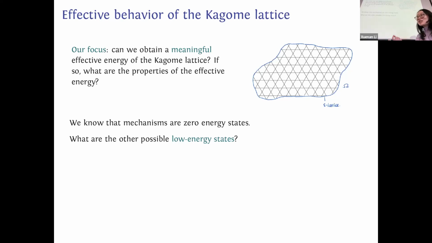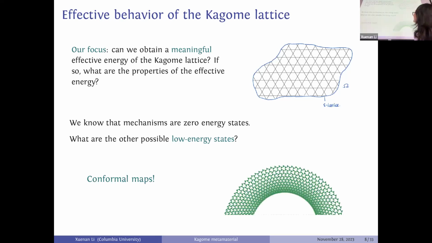In a normal case, you just have something with a fixed, small epsilon. So what are the small deformations on the epsilon scale? We know that deformations like mechanisms have exactly 0 energy, or maybe very small energy. So those are the candidates. And what are the other small deformations? I can show you they can be conformal maps.